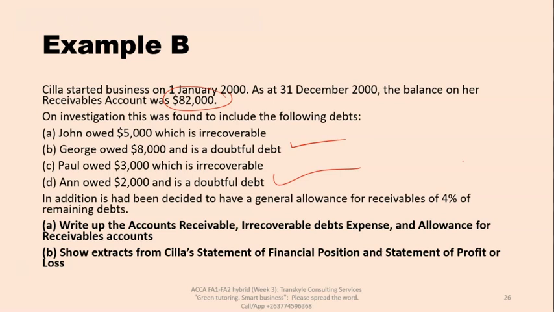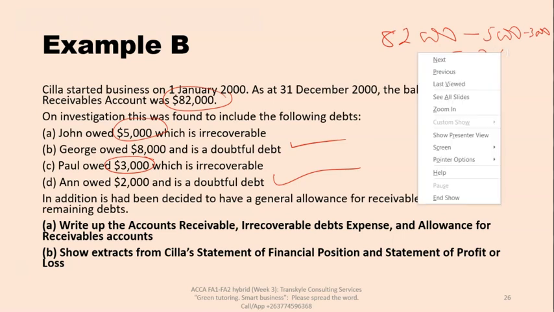Obviously, that's not going to be, because 5,000 is irrecoverable, this one, and there is also this one. These ones are not going to be recoverable, so we are going to have 74,000.